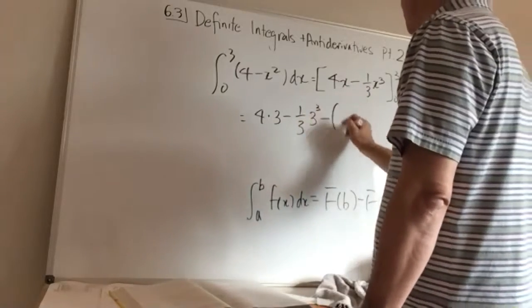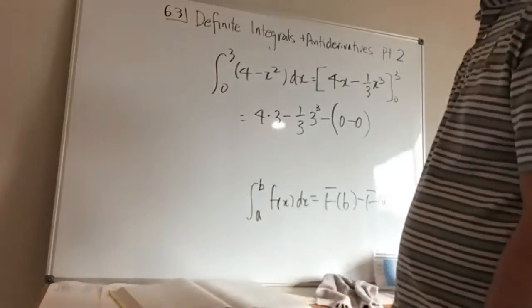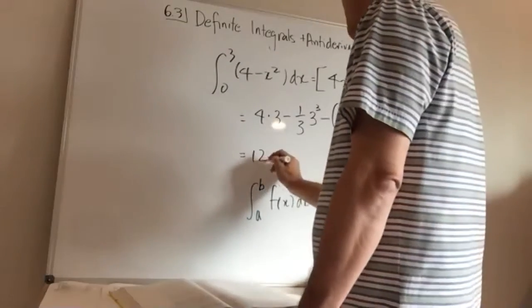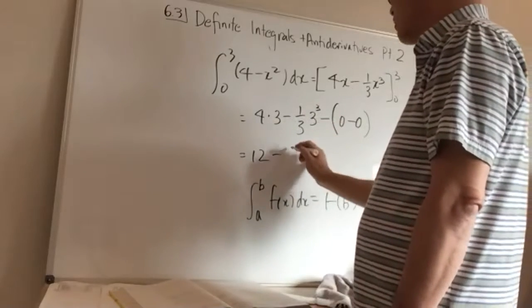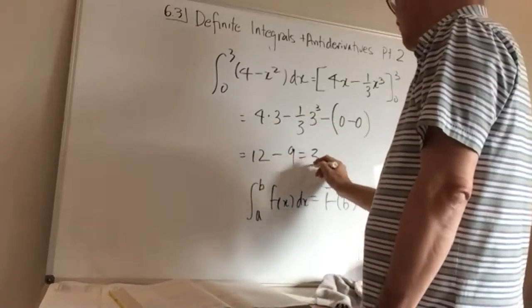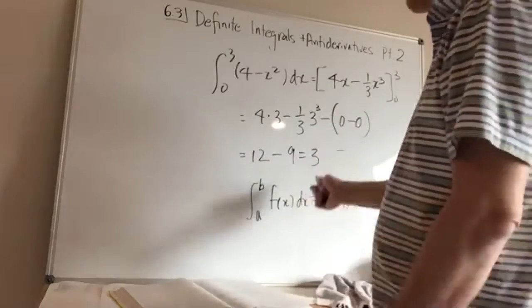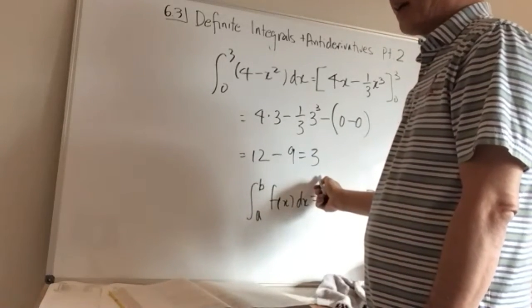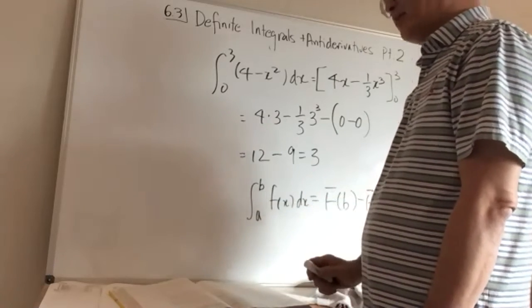What do I get? 0 minus 0. So this is the same as 12 minus 27 over 3. 1/3 of 27 is 9. Voila! This is where your 3 came from. Okay? So now we actually know how to do that.